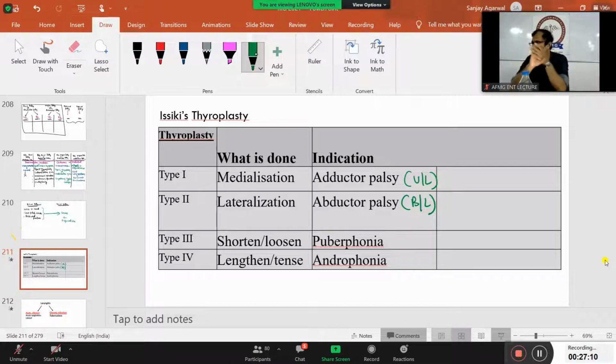They ask you thyroplasty, so it is important. The first two we know, the next two you have to remember. That's it.